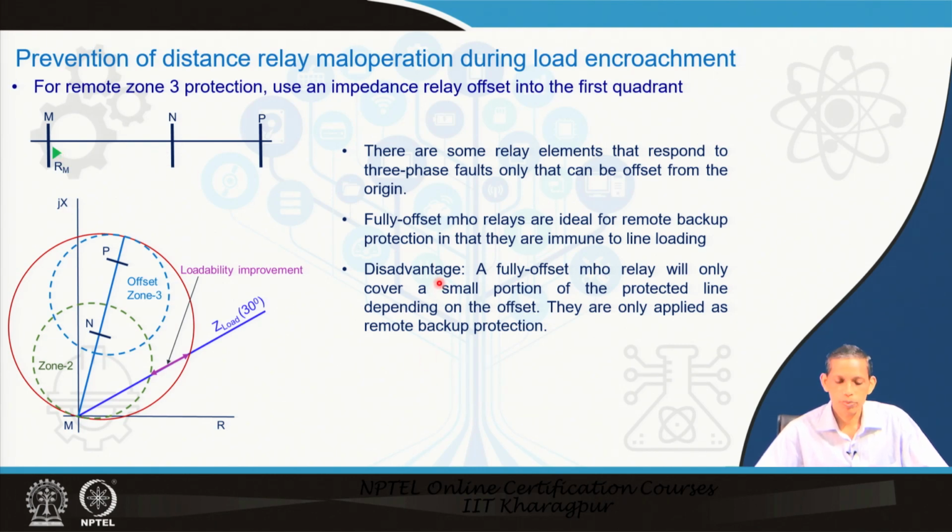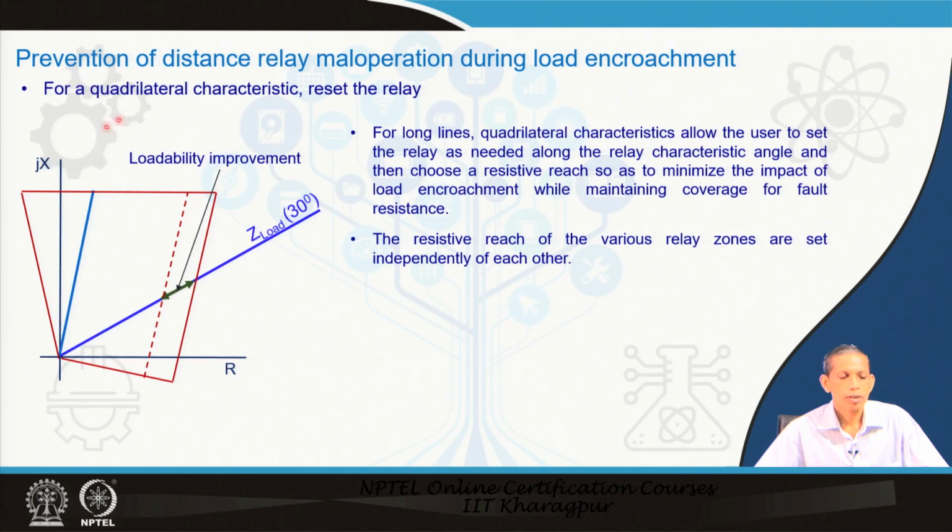The disadvantage of this is that a fully offset mode relay will only cover a small portion of the protected line, depending upon the offset. Of course, the purpose is for the backup. The other one is a quadrilateral characteristic setting.